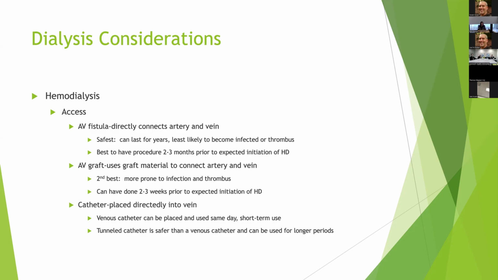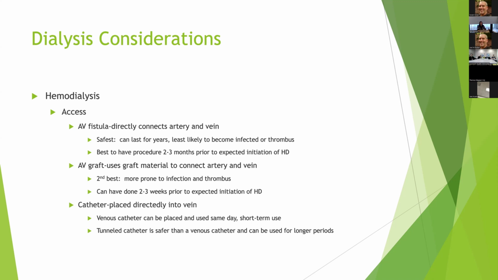It's the least likely to become infected or form a clot. It is best to have the procedure done 2 to 3 months prior to expected initiation of hemodialysis. So I will see this in nephrology's note, if someone's approaching that dialysis time, they'll go ahead and get them set up with an AV fistula.